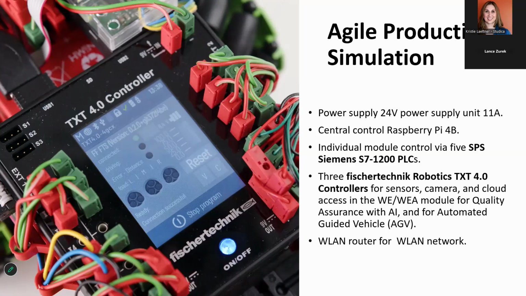Additionally, the model includes 3 fischertechnik TXT 4.0 controllers, which are used to control the sensors in the camera, as well as to facilitate cloud access in the WEWA module for quality assurance with AI, and of course, again, for the automated guided vehicle or AGV. It has a WLAN router for the WLAN network.